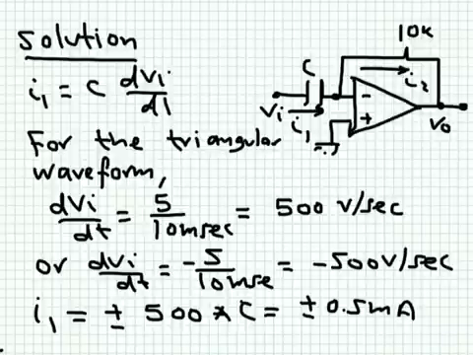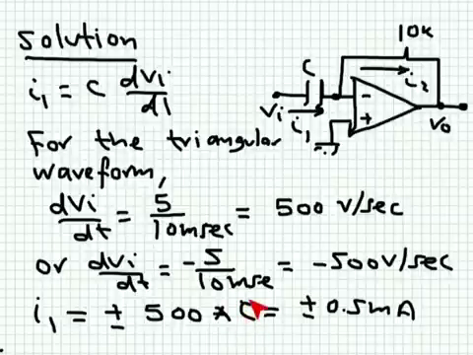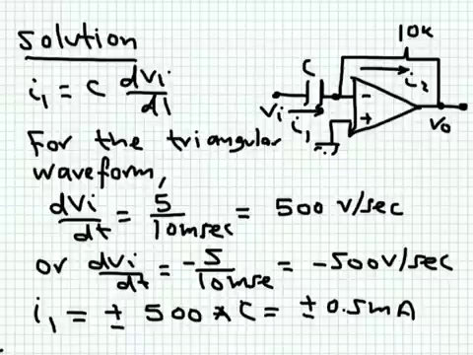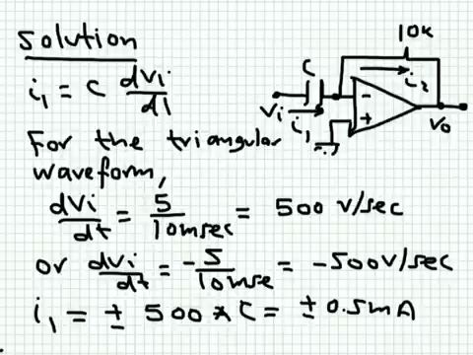So you can see I'm saying that the current is either plus or minus 500 C. C is 1 microfarad, so if you multiply by 500, you get 0.5 milliampere. So the current going through the capacitor is either 0.5 milliampere in this direction, or 0.5 milliampere in this direction. When the waveform is going down, then the current is negative and is flowing in this direction.